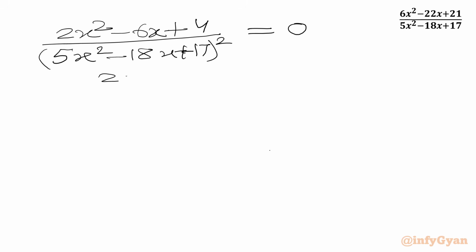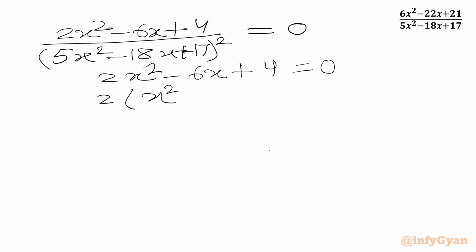So I can write 2x square minus 6x plus 4 equal to 0. Let's take 2 common from the LHS. We will get x square minus 3x plus 2 equal to 0.